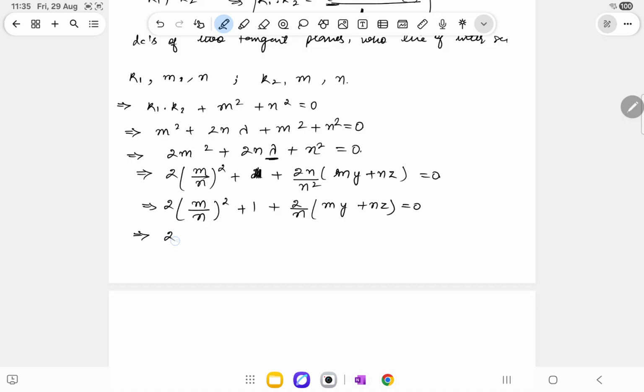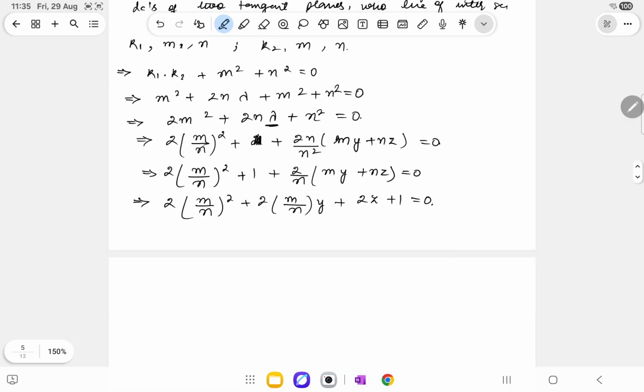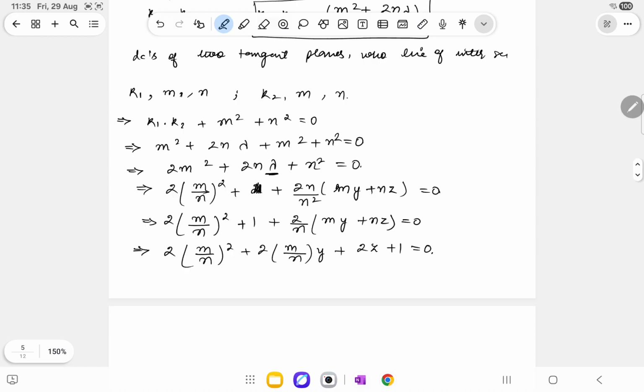That is basically 2 m by n square plus 2 m by n y plus 2z plus 1 is equal to 0. So this is a quadratic relation in m by n.